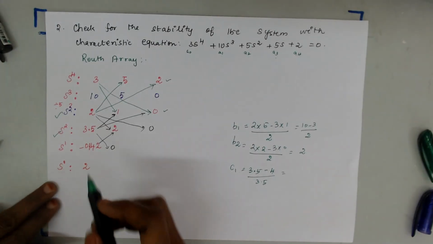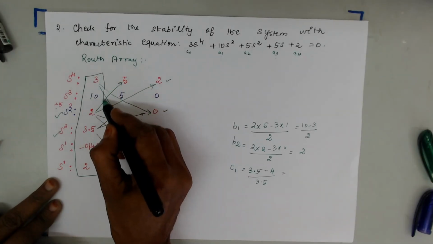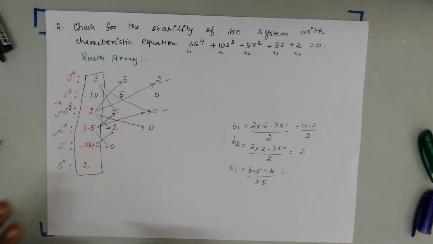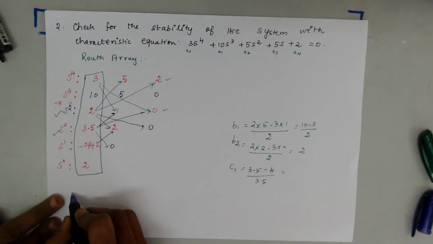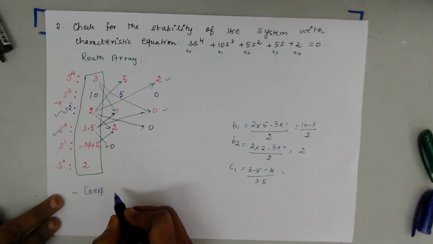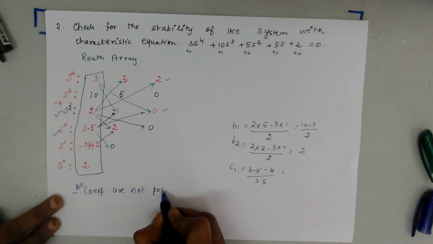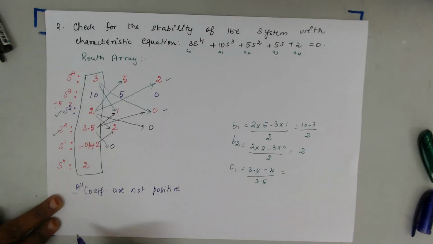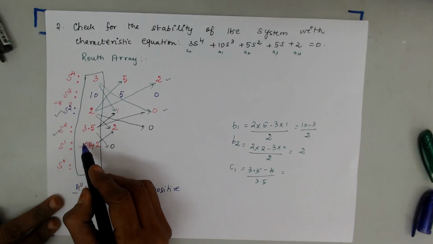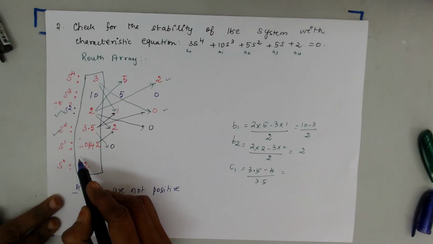Now analyze the first column of the Routh array. From the first column, we can say that all the coefficients are not positive. There are two sign changes. Positive to negative is one sign change, and negative to positive is another sign change.